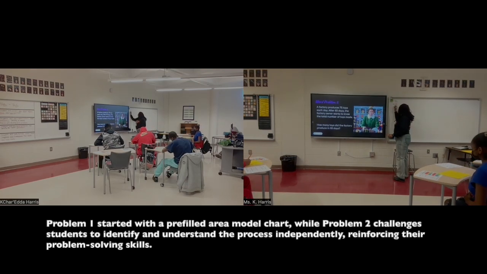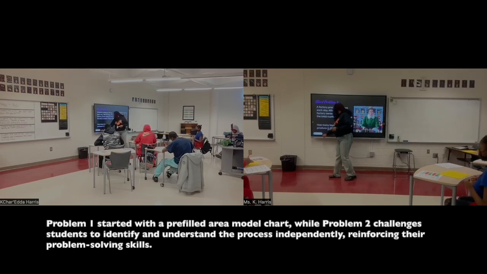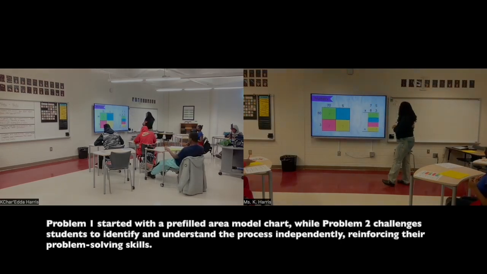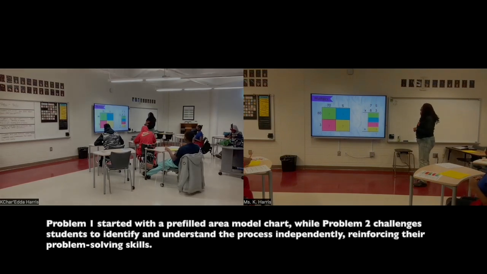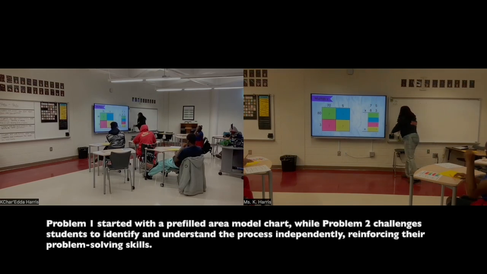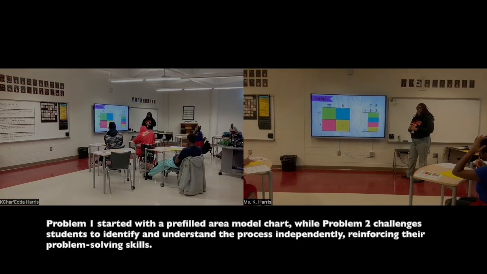Now this time I removed a step. So I want to see if you guys remember whatever you want to do. So I have it set up, right? So what's the first thing you're going to do with solving this problem? We're gonna have to do the tens and the ones places.